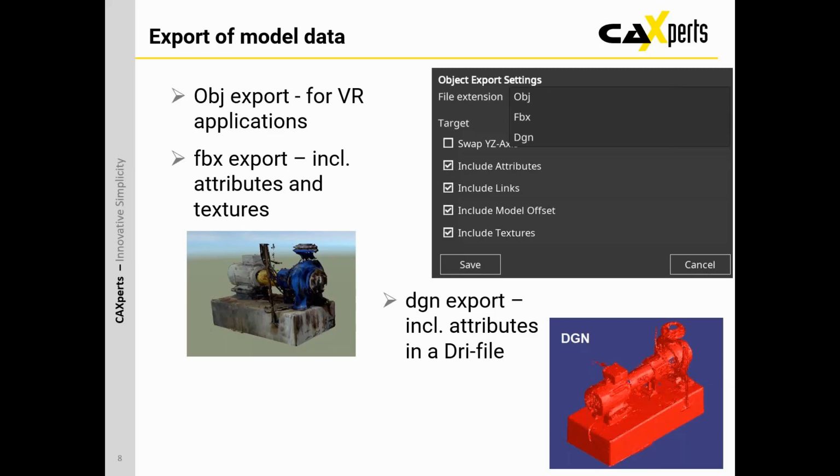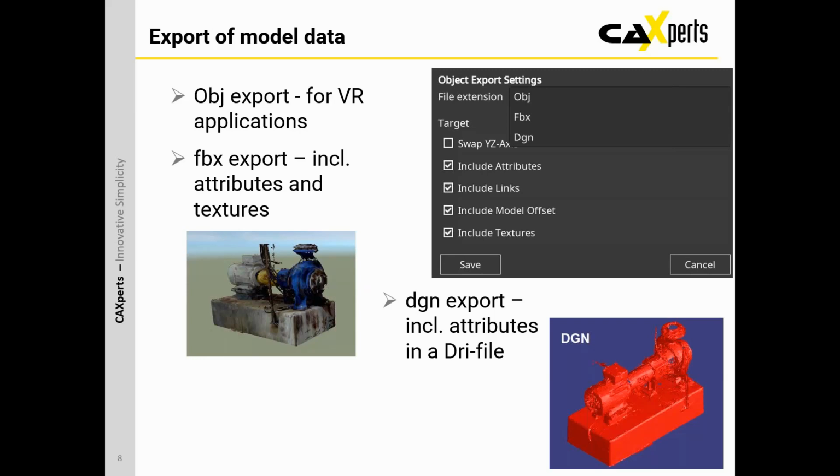In addition to OBJ export, which has been in the software since the beginning of the export module, we can now also export to FBX, and to FBX also with textures. This really enables the possibility to export parts of your highly optimized mesh to other packages if you want that.